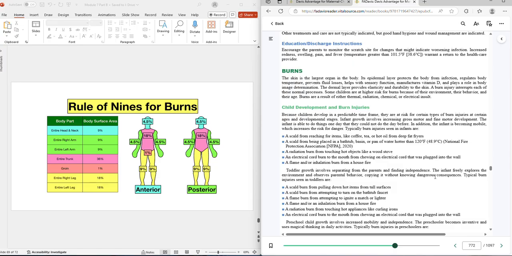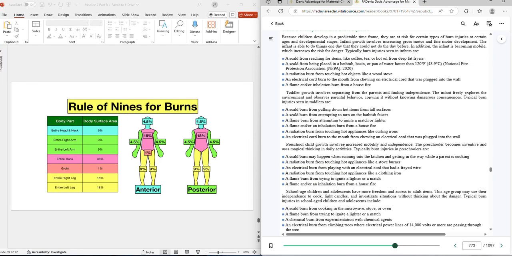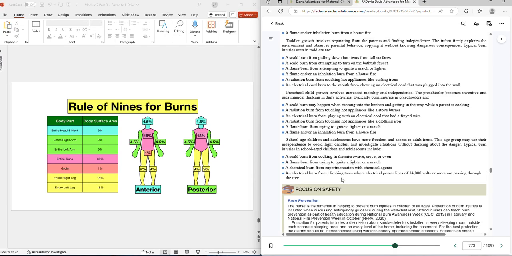There are different severities. There are different reasons for the burn: electrical burn, radiation burn, fire burn, flame burn, all the things.